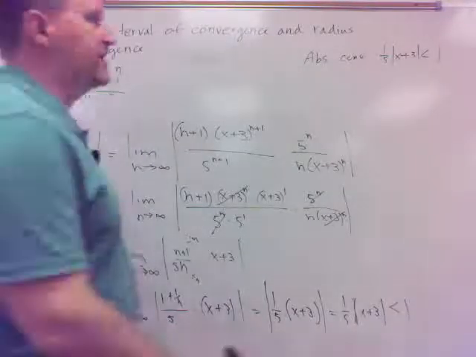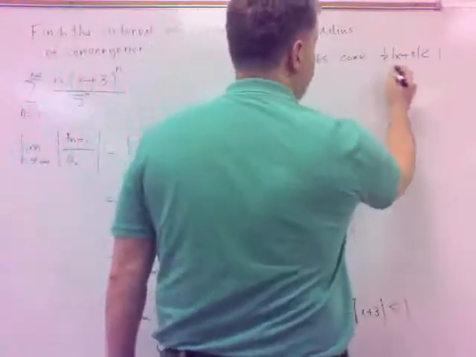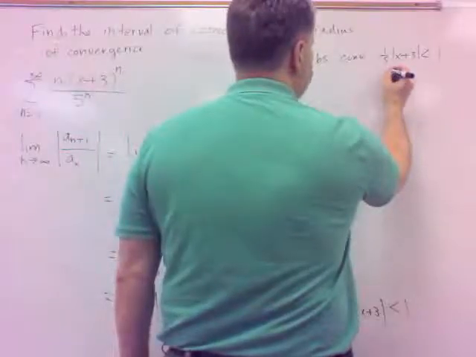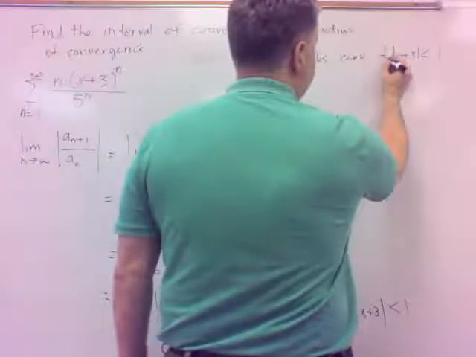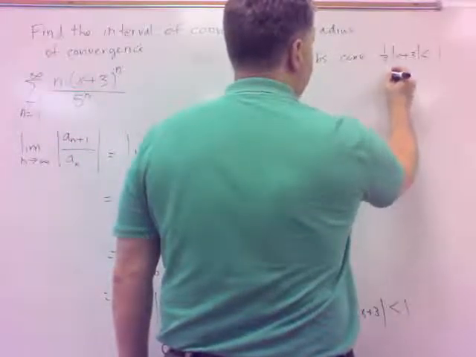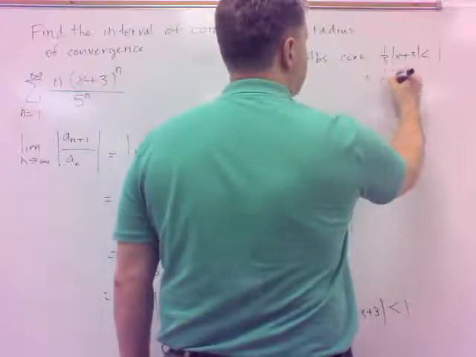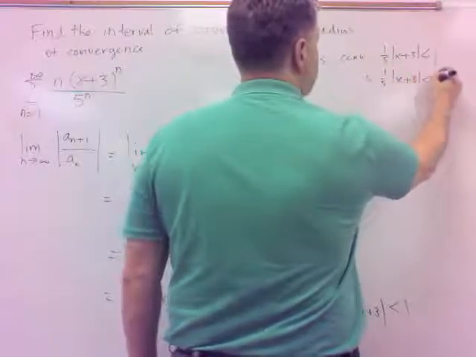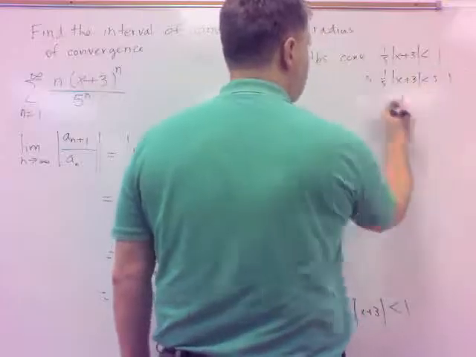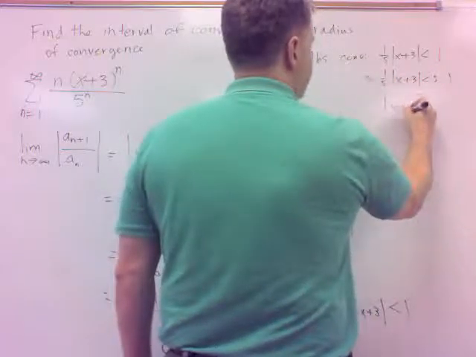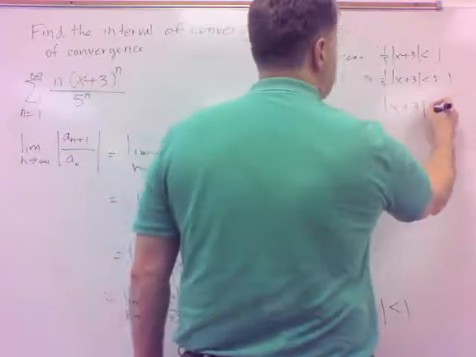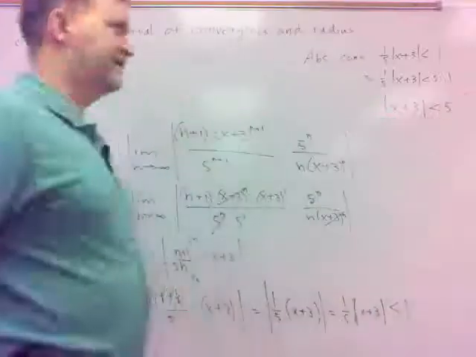To get that in terms of just x, solve for x here, multiplying by 5. So the absolute value of x plus 3 is less than 5.